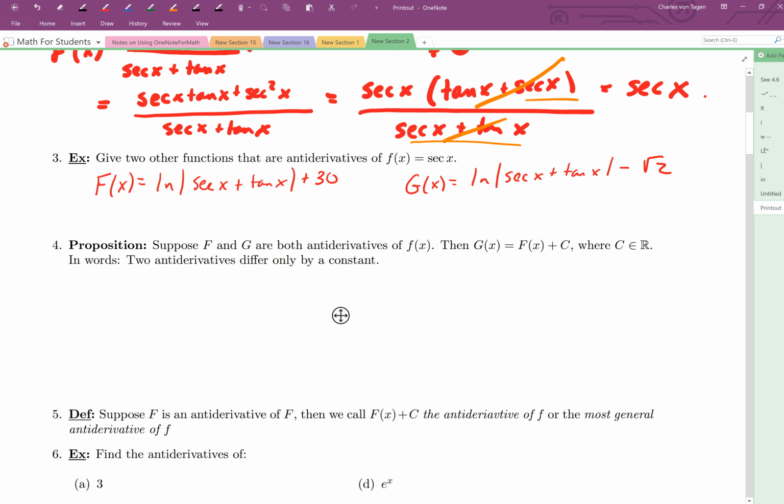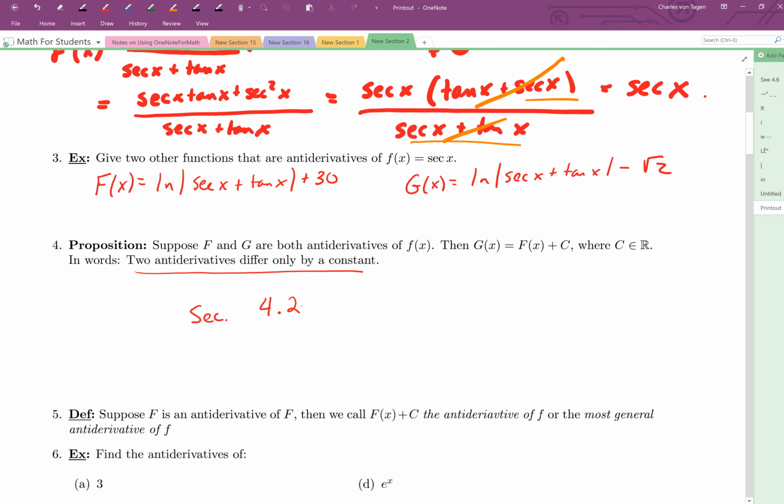we had a proposition that said two functions, if they share the same derivative, then they can differ by at most a constant. Here we say that in another way: two antiderivatives differ by at most a constant. I'm not going to reprove this, but it was actually in chapter 4, in section 4.2, I believe.